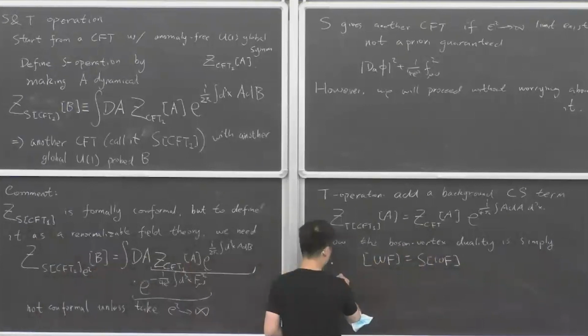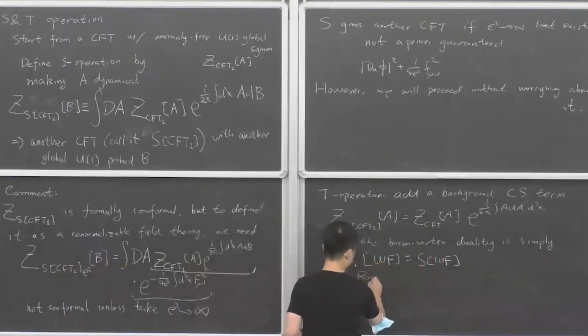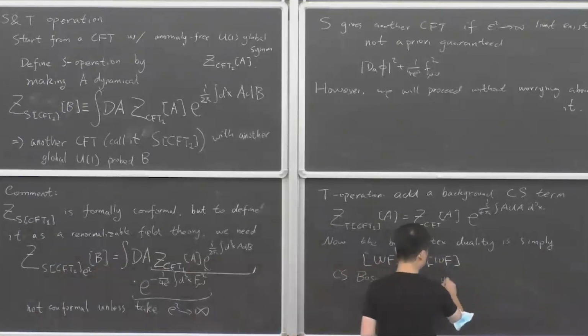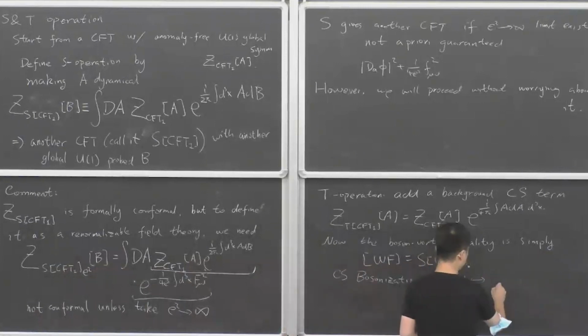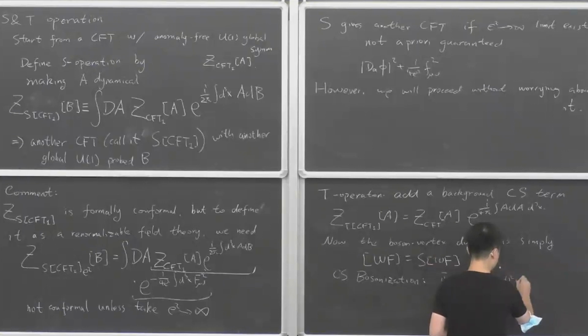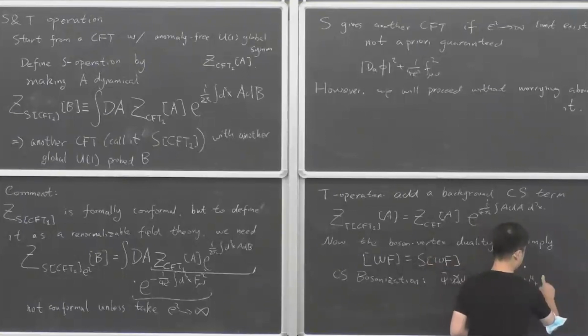And the Chern-Simons bosonization I talked about yesterday, which, let me remind you, is the duality between the two-component massless Dirac fermion and the U(1) Higgs transition, except with a Chern-Simons term and the mutual coupling.